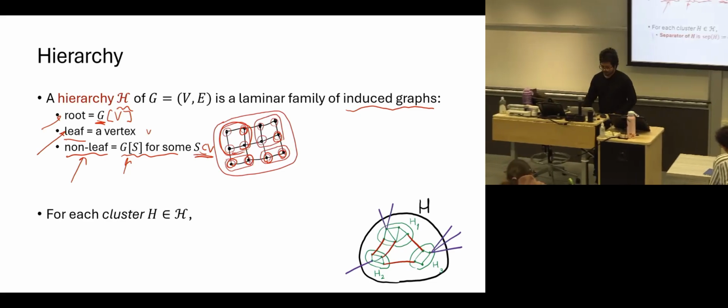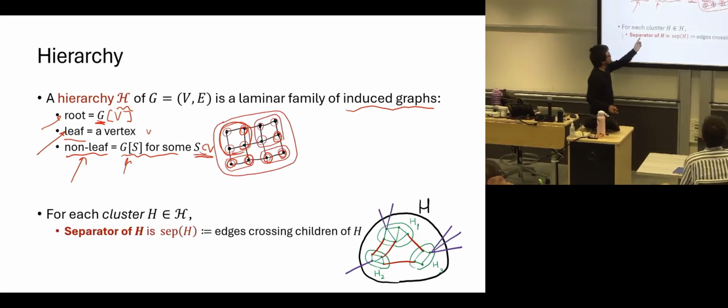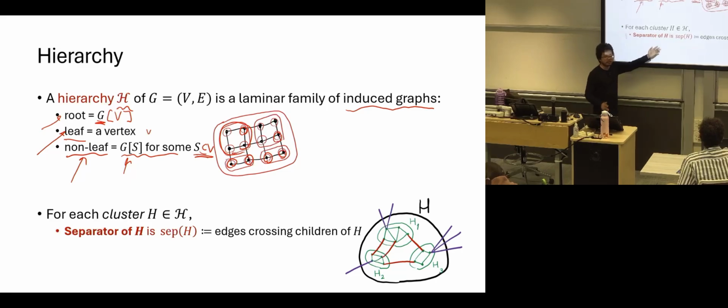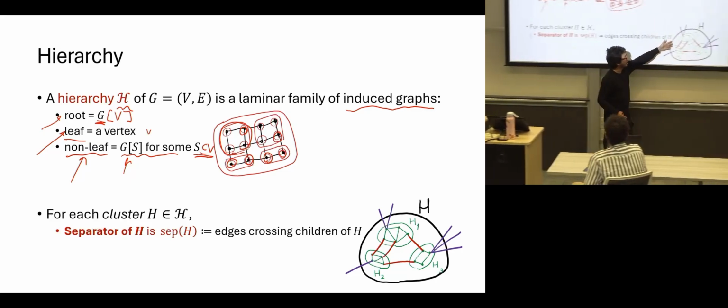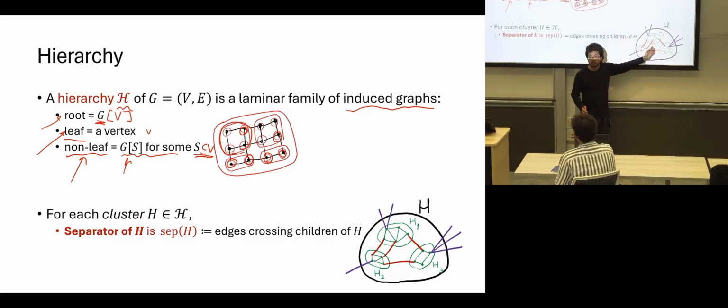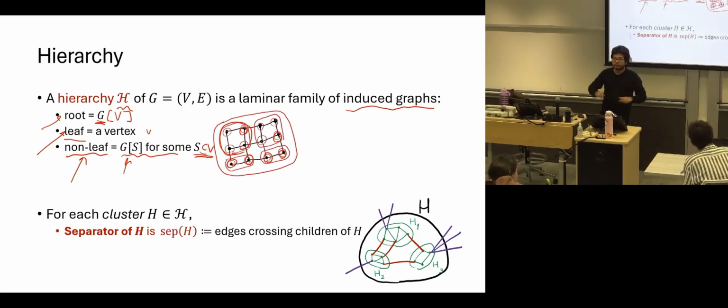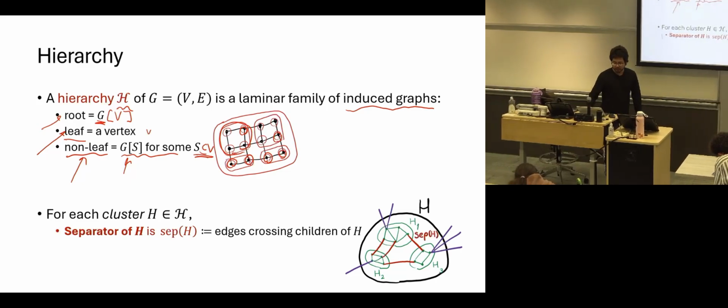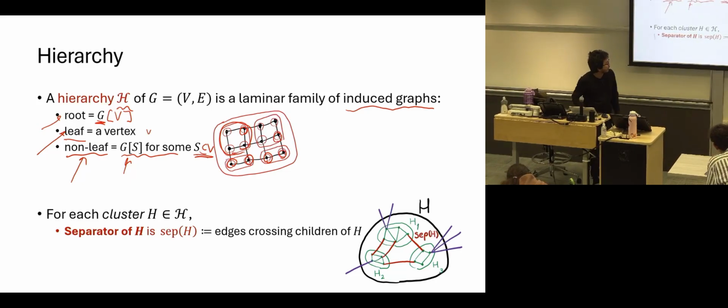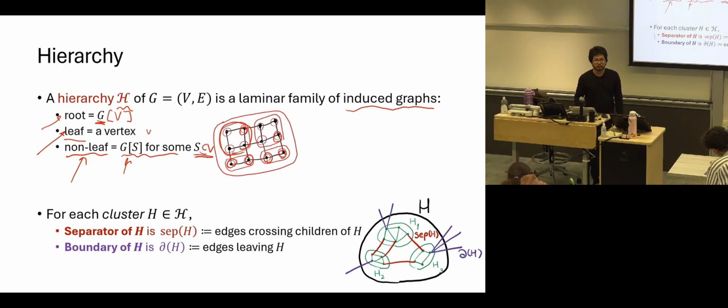The red thing I call the separator of H, which is the edges between the children of H. It separates H into children. So that's the separator of H, denoted sep H, and the boundary of H is just the edges leaving H.